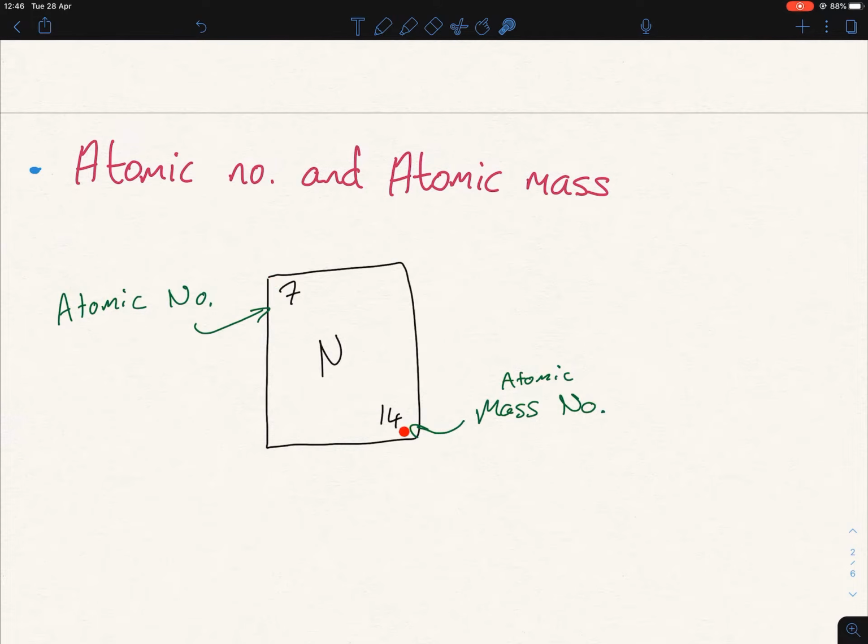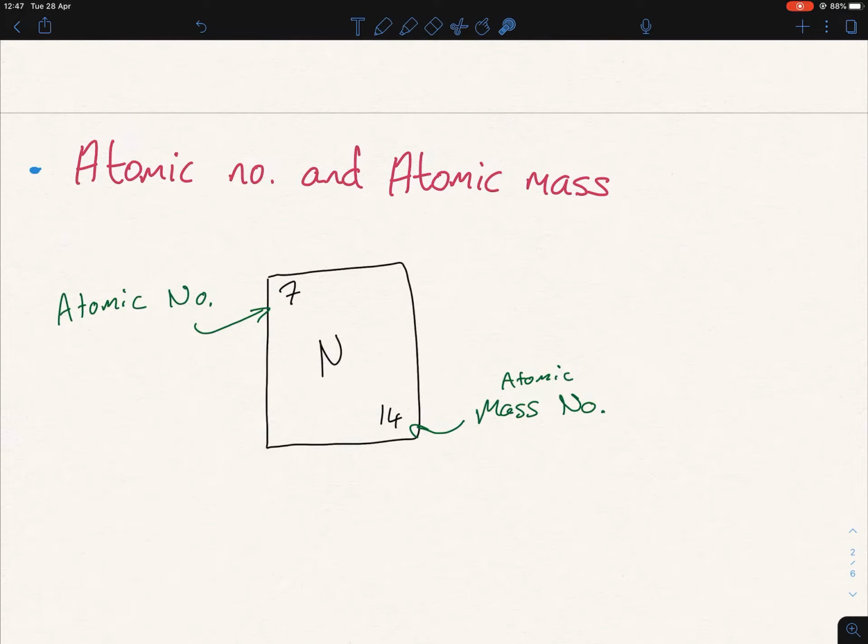So the 7 goes down here and the 14 goes up here. You'll see that quite often in some periodic tables. So bear in mind that it's not the top that's the atomic number, it's the smaller number. I really can't stress that one enough, guys, sometimes they do swap.